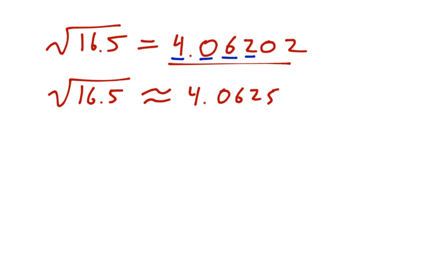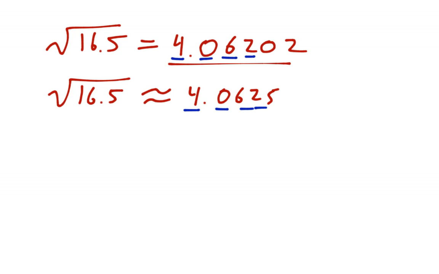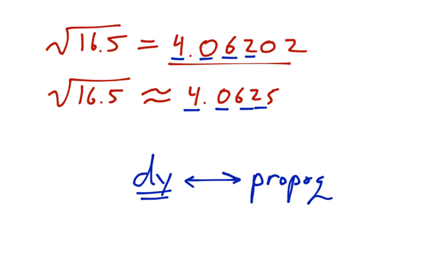We're accurate to 1, 2, 3 decimal places, which is pretty good for doing some pretty simple calculus. As a very side note, you might see this in the future, but the dy, this differential, is synonymous with something called propagated error. We'll look at some problems in class that have to do with propagated error, or if you see it before, now you know how to find it.